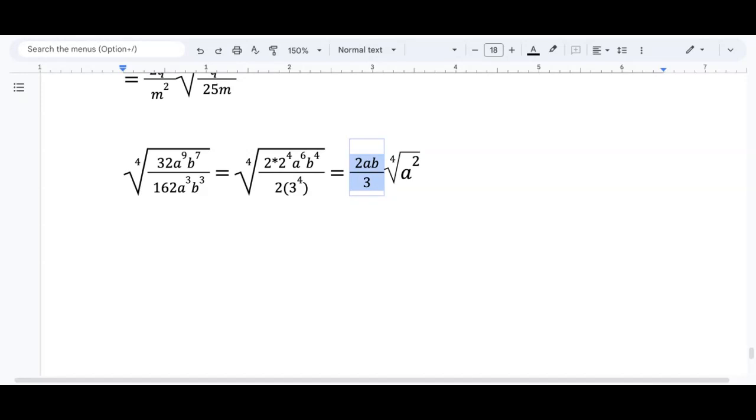Then a raised to 6, we can write as a raised to 4 times a squared. A raised to 4 under the fourth root comes out to be a. B raised to 4 under the fourth root comes out as b. Then we have a squared left under the fourth root sign.